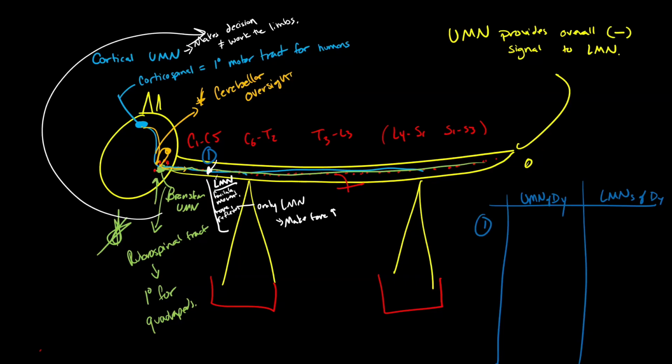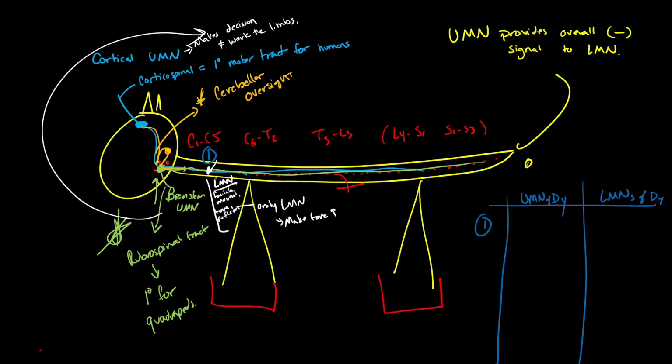So as we go through and we start talking about this effect, we can start to make sense of, okay, if I have a lesion at C1, C5, what I've effectively done is I have damaged my inhibitory signal going to my thoracic limbs.